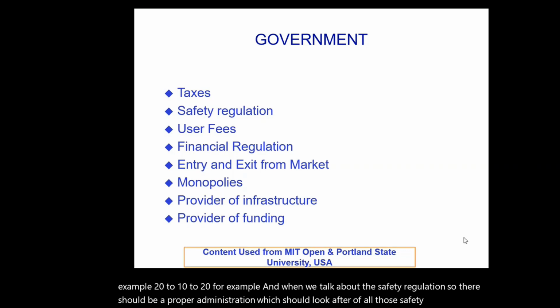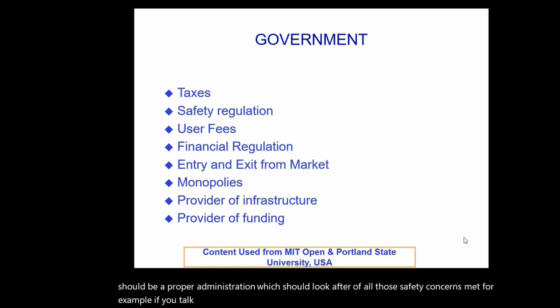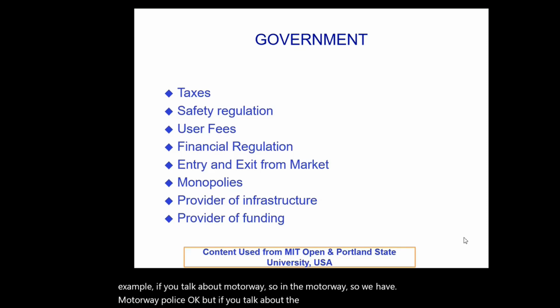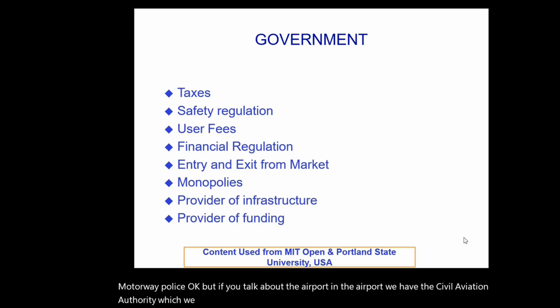For example, if we talk about the motorway, we have the motorway police, okay? But if we talk about the airport, in the airport we have the Civil Aviation Authority, which we call CAA. If we talk about railways, they have their own commercial, freight and safety inspectors.